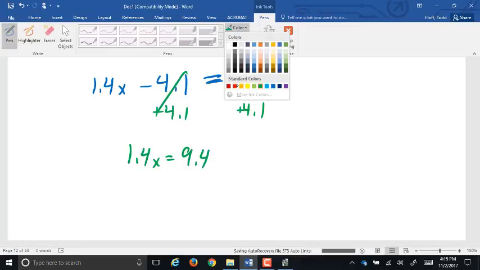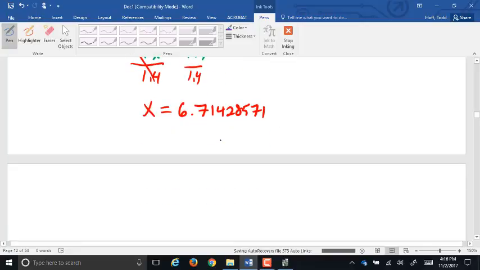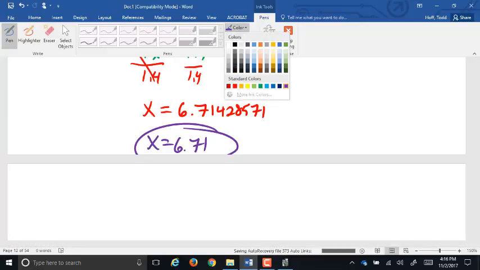And then divide by 1.4. So x equals 6.714285571. So we round that to what? x equals 6.71. Perfect. One for you guys to try.